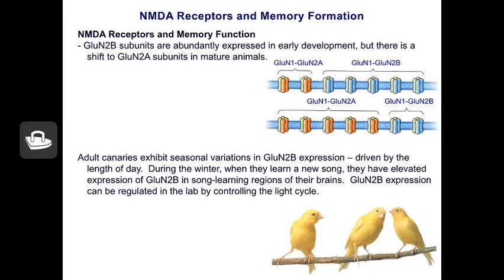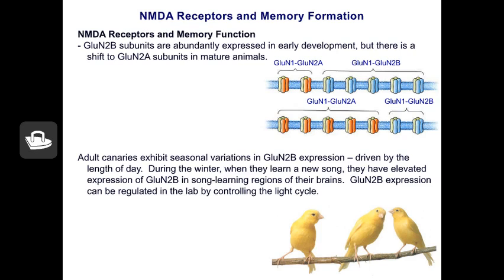Amazingly, they actually revert to the juvenile form of NR2B receptor expression every winter when they're relearning their song. And this is especially true in the song encoding areas of their brains.